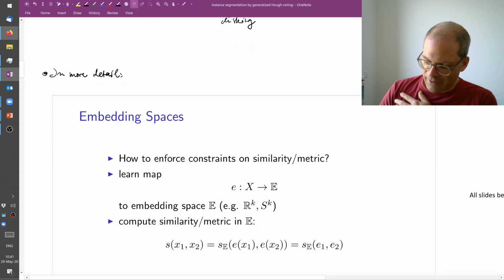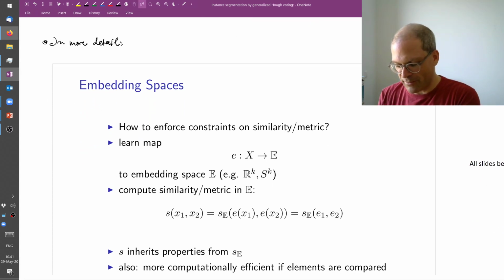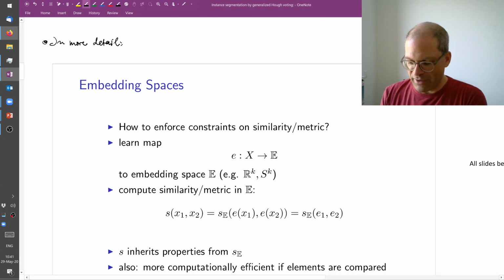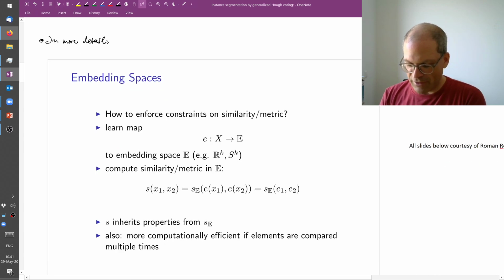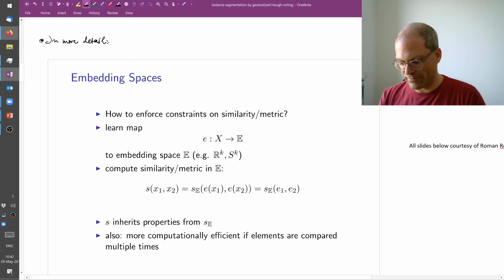So rather than directly learn whether two pixels are similar or dissimilar, what we learn is a mapping from the observations, from the image, into some embedding space, which, as I've said, is maybe 8 or 16 dimensional. And then we can compute a similarity between two pixels or patches by computing the distance, or how close are the embeddings associated with these two patches.